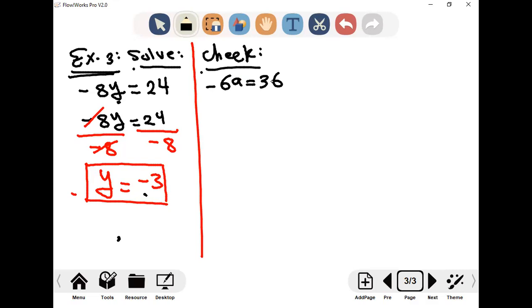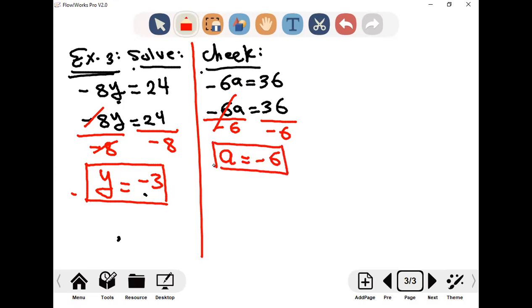Now we will divide both sides by the coefficient. Rewrite the equation equals 36 and divide both sides by -6. These are gone. Still a equals -6. Is it clear?